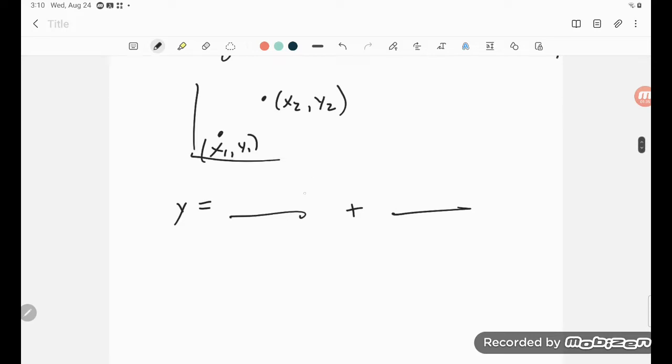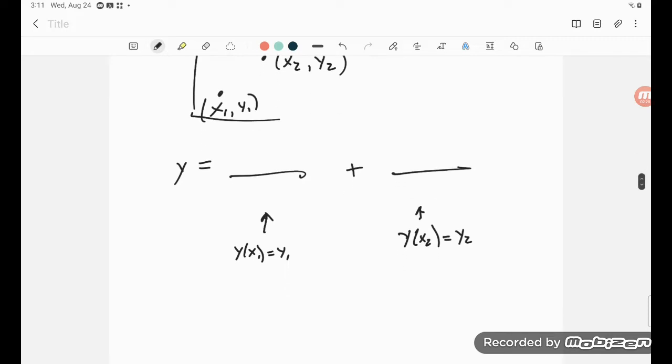So for instance, suppose I want this first one to evaluate to y1 when we put in x1. So we want y of x1 to be y1, but then this one will have to be 0, and this one we'll try to get to evaluate to y of x2 equals y2. I could make the first one y2 or the second one y2, but hopefully you'll see the basic pattern. And the other one will be 0 when we do this.